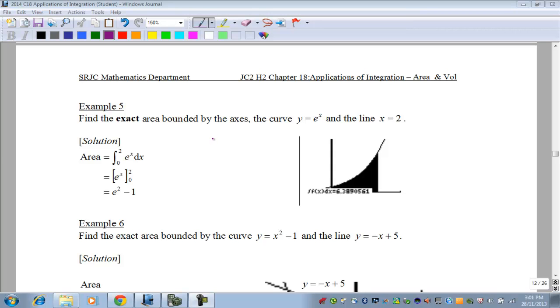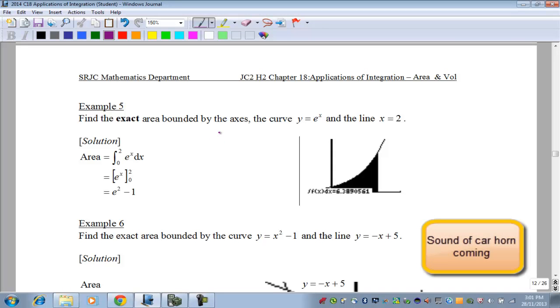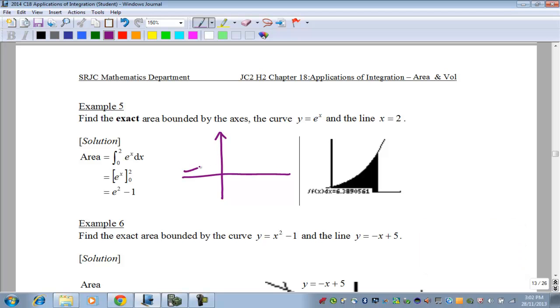Based on our understanding from O level, we should know that e to the power of x looks like this. Since we want the exact area bounded by the axes, the curve, and the line x equals 2, essentially we want to find the exact area of this shaded region.